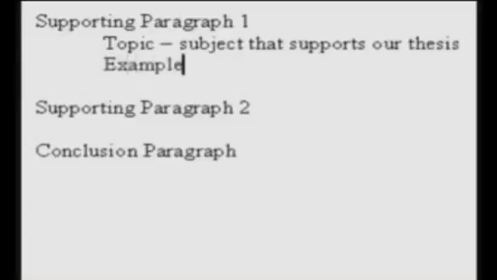Now, the second sentence is an example, and this example must be true from real life. Okay, so typically we don't want to make up something in our head that's not true. We want to use something that's real.